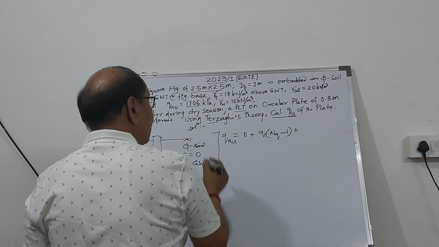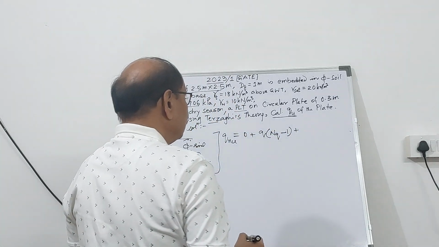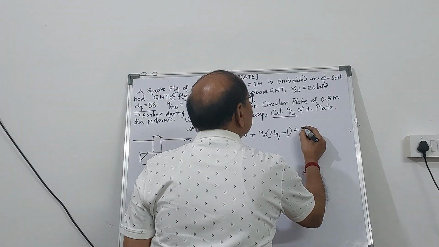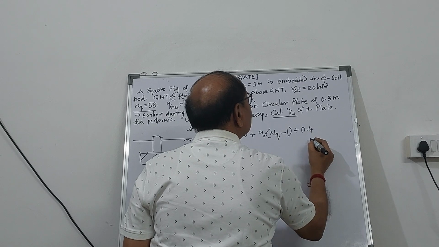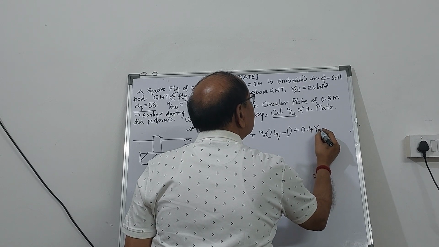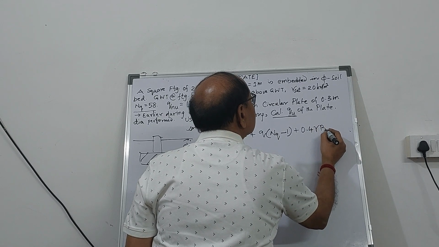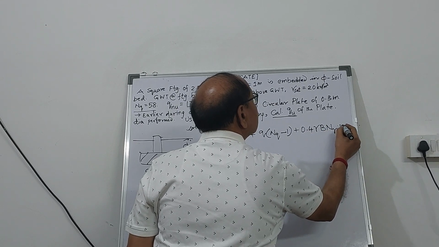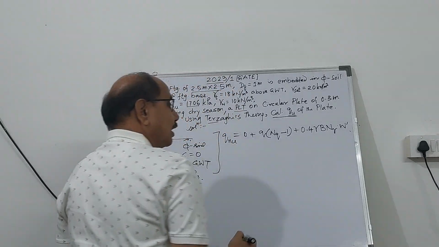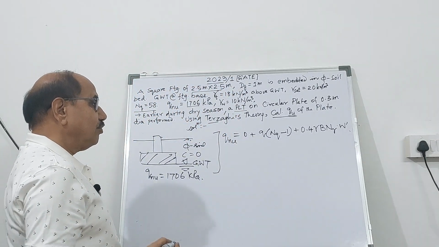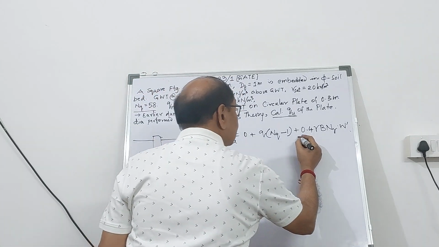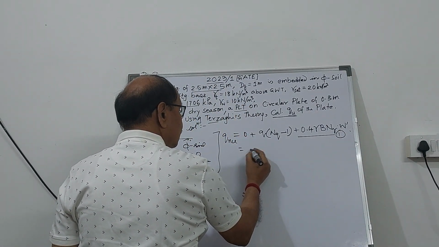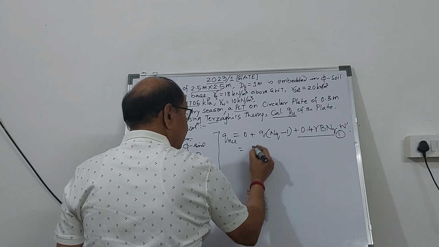Plus, now it is a square footing. So if you use Terzaghi's bearing capacity equation for a square footing, this will be 0.4 gamma B N gamma into water table correction factor. So this is the formula. In this expression, you can substitute the first part here.